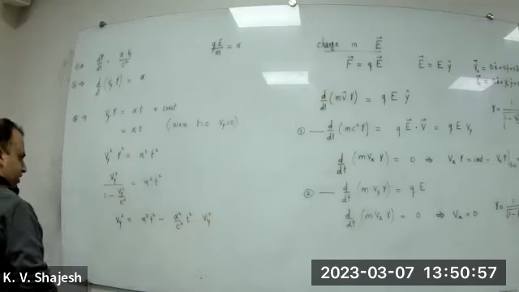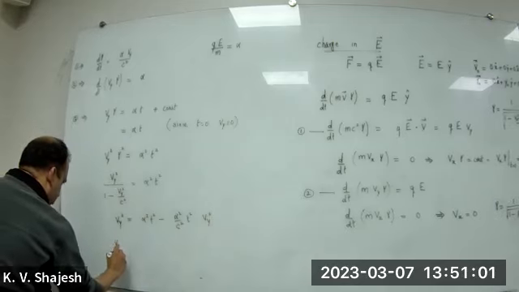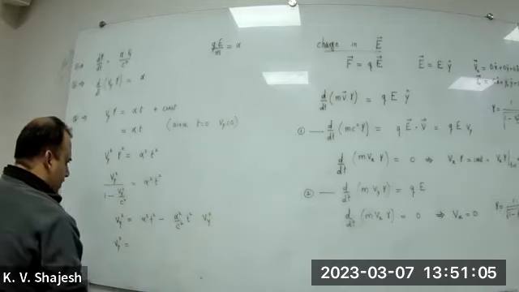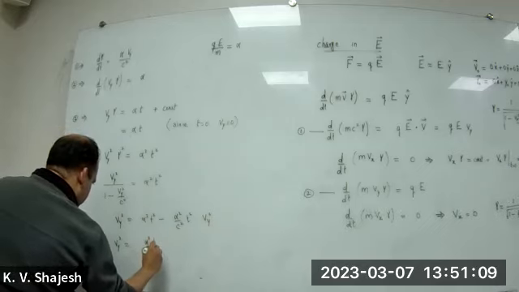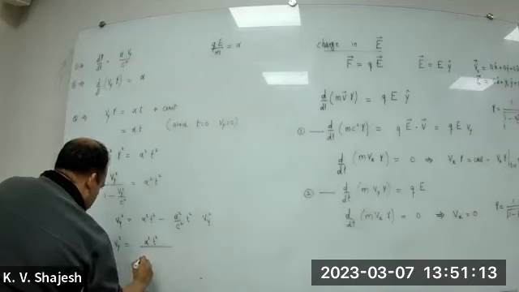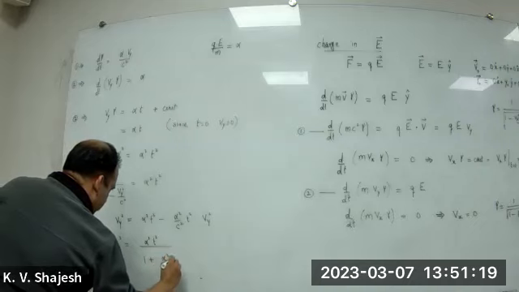Get this onto the left side. I have velocity y square is equal to alpha square t square divided by 1 plus alpha square over c square times t square.